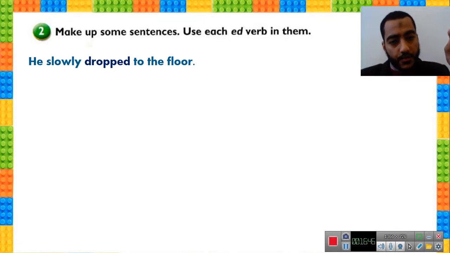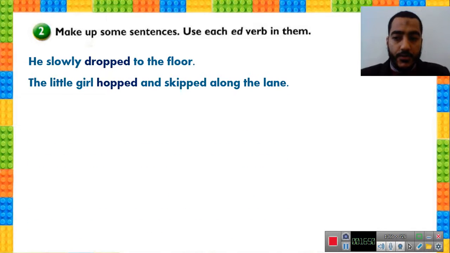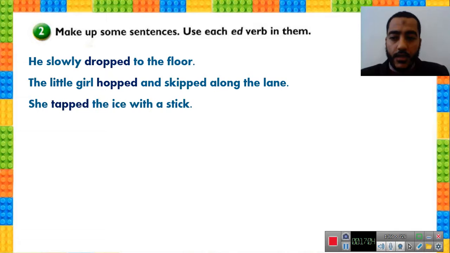He slowly dropped to the floor. 2, the little girl hopped and skipped along the lane. Hopped means to jump, okay? She tapped the ice with a stick. Tap is like knock or hit.